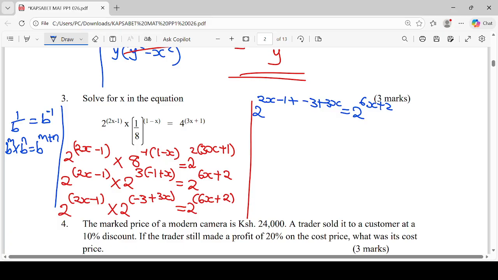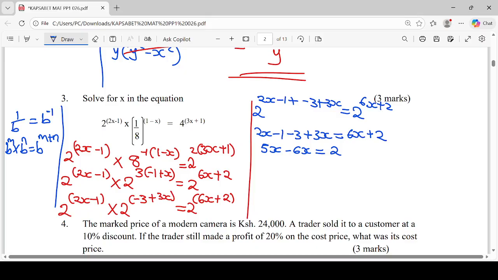Now we are going to have the powers as 2x minus 1 minus 3 plus 3x being equal to 6x plus 2. So 2x plus 3x, that is 5x, minus 6x should be equal to 2. Then negative 1 plus negative 3, that is negative 4.